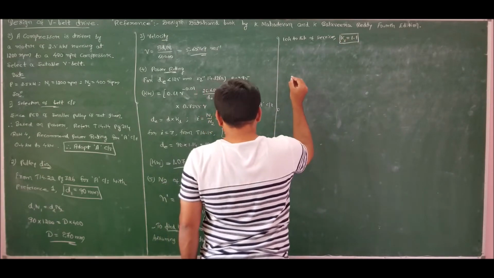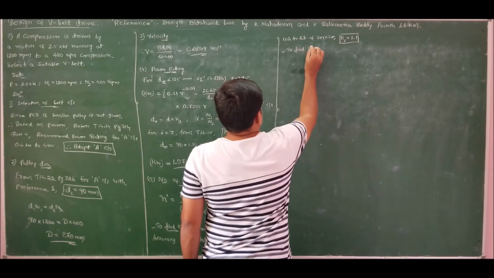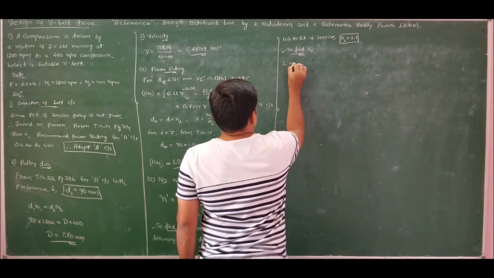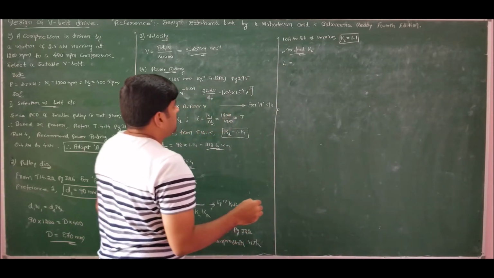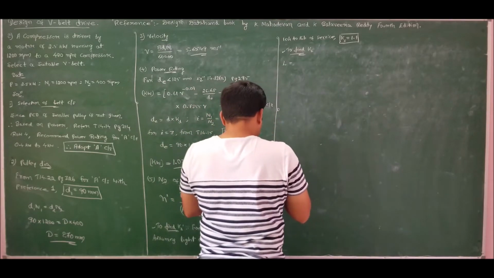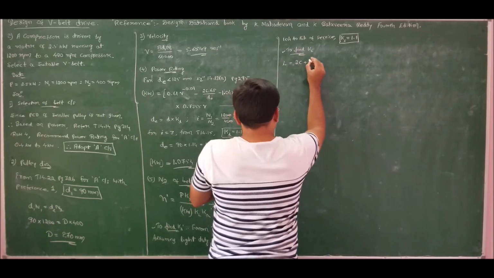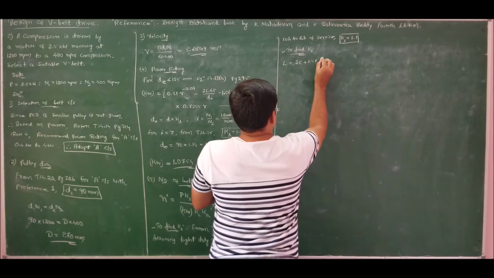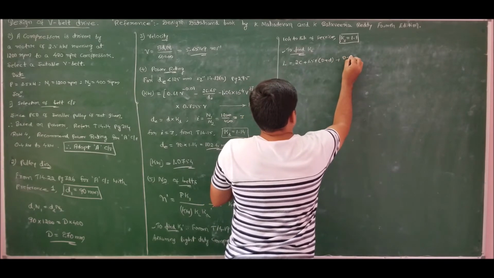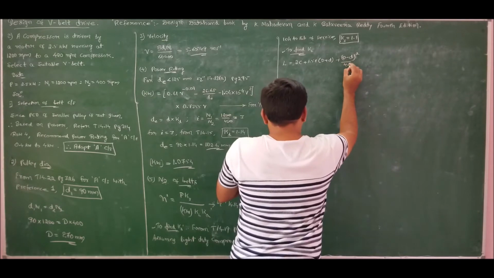Now you have to find the value of KL. We have the nominal pitch length L given by the equation 2C plus 1.57 into (D plus d) plus (D minus d) whole square by 4C.